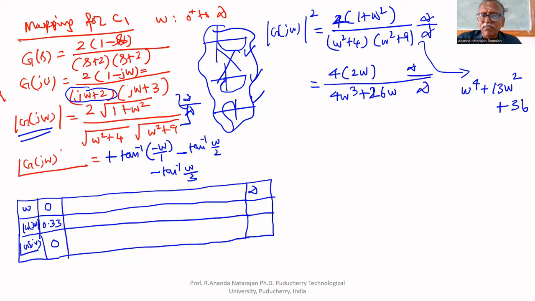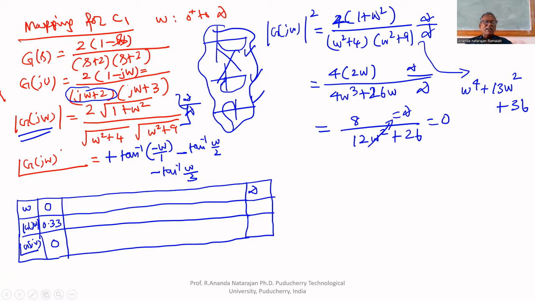Again, infinity by infinity form. That's why again differentiate the numerator and denominator: 8 upon 12 omega square plus 26. So if you substitute omega equal to infinity, you will get 0. This you need not check. If the denominator degree is higher than the numerator degree, then we can put 0 immediately, because in the limiting case it will become 0. That's why this magnitude is 0.